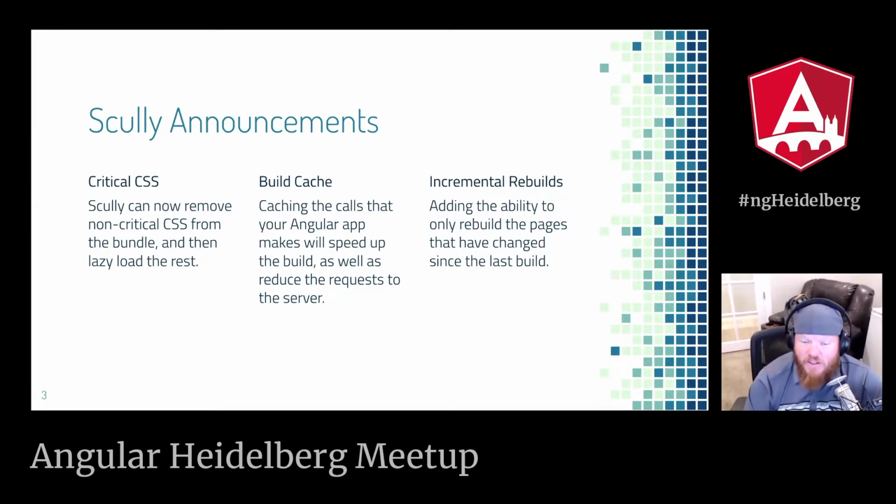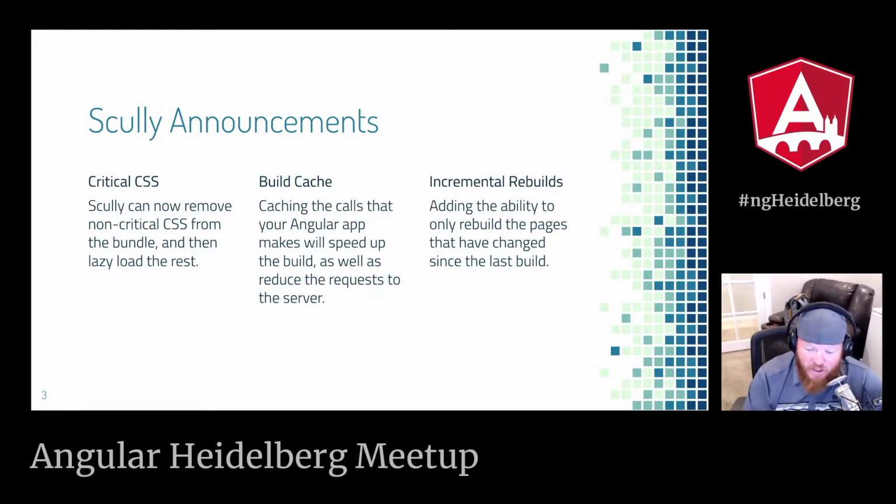The next one is something we're actually building right now, and we're getting ready to go alpha probably tomorrow. I'm sure you guys are all familiar with Sander Elias from the Netherlands. He's close by, and he's working on this right now. Every time you do a Scully build, it renders every page in your app. Imagine your Angular app had 500 pages and every page makes 10 requests to the backend.